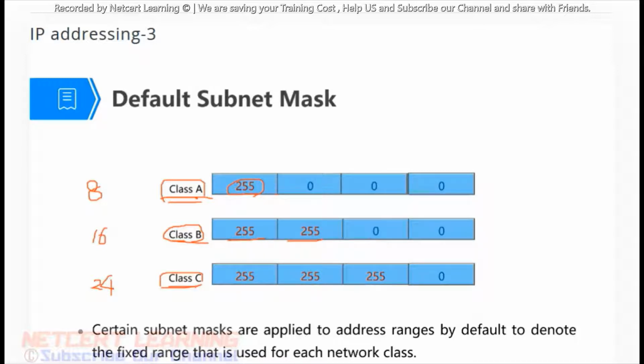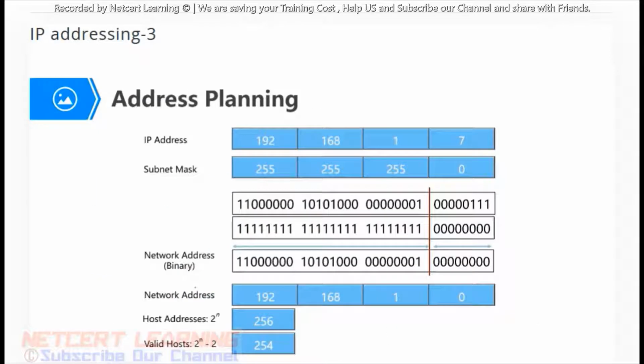Then we can see the address plan. For example, now we have the IP address and the subnet mask. This is the IP address 192.168.1.7.